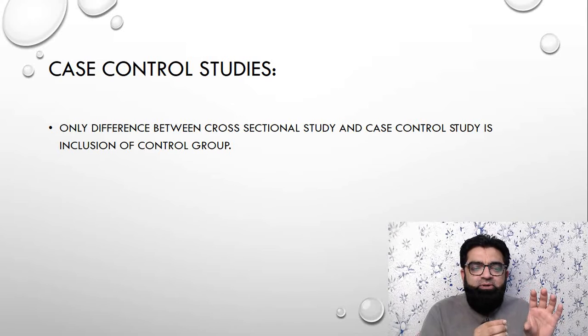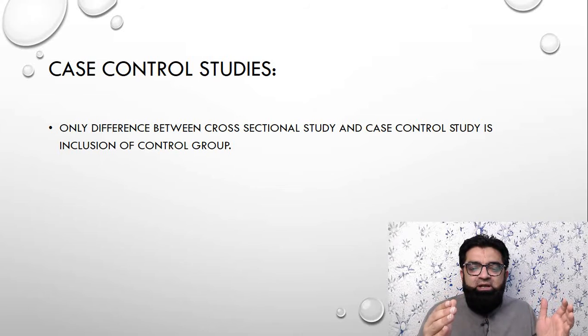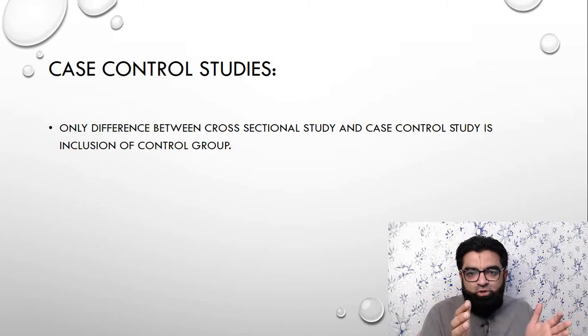There was a group with newborns of gross limb malformation along with the mothers who are using thalidomide. We have included another group with the healthy babies and asked the history of thalidomide from their mothers. So by virtue of the control group, the cross-sectional study is converted into a case control study.